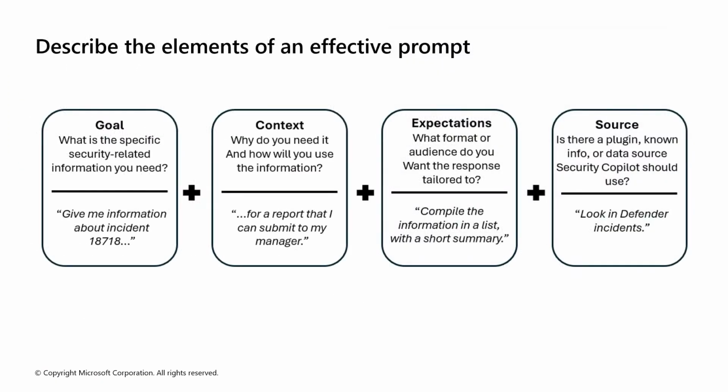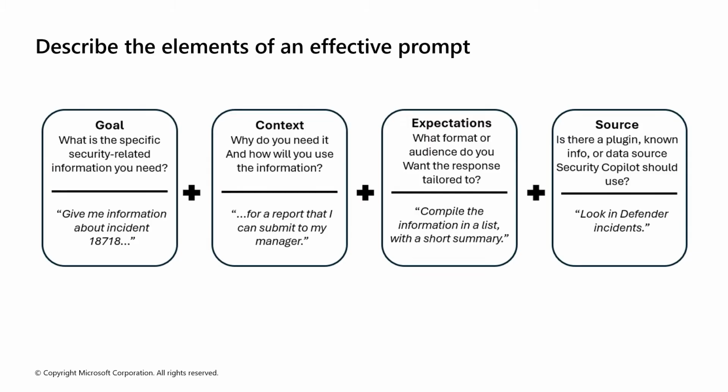When you're writing a prompt for Copilot as a security analyst or researcher, it's helpful to include a few key things. So you always want to start with a goal. What specific security-related information are you looking for? Then add some context about why you need it and how you plan to use it.